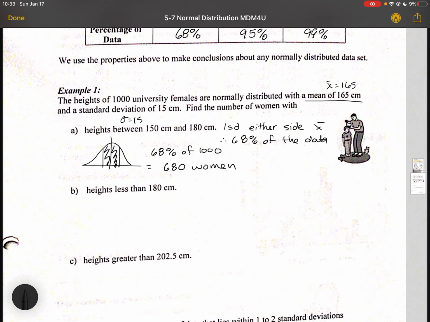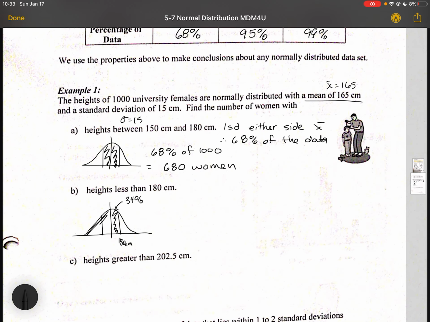The next one asks us to find heights less than 180 centimeters. So what I have here is that 1 sigma above, so this is my 180 centimeters, which is 1 sigma above, and 1 sigma below in total is going to be 68%. So I can say for sure that this part here is half of 68, which is going to be 34%.